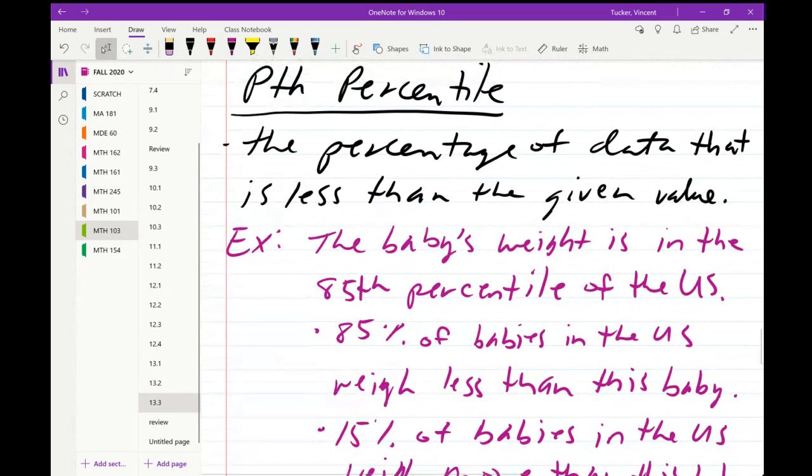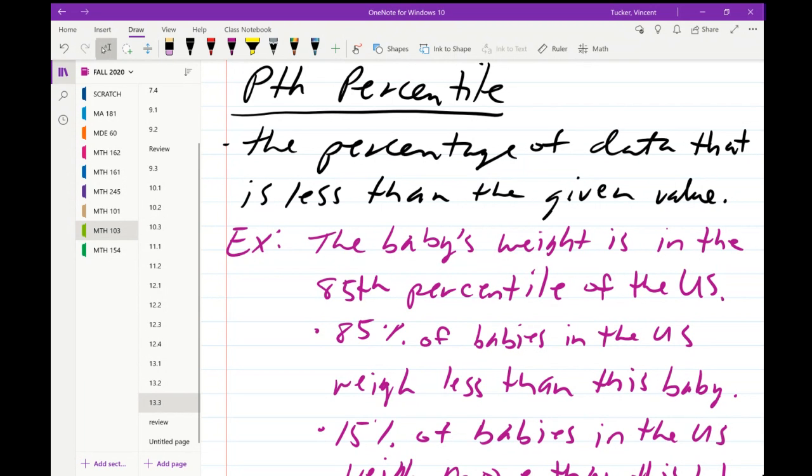Pth percentile. So the percentile represents the percentage of data that is less than the given value. An example of that: whenever you have a baby that goes in to be measured, when they go for the checkup, they always measure the baby.